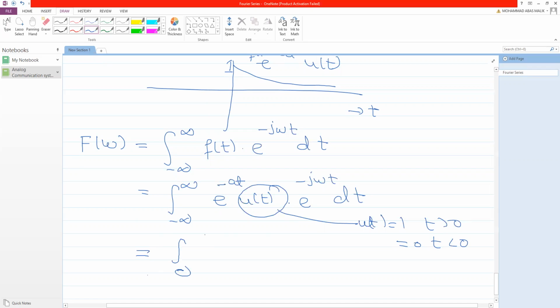So from minus infinity to 0 it is zero, and from 0 to infinity, u(t) is 1, and we have 1 into e raised to the power minus at, dt, right? Yes, sir.